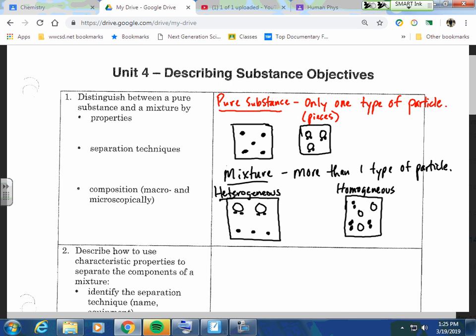All right, so it also mentions separation techniques. When we talk about pure substances and mixtures in terms of separation techniques, understand that we're going to have to do different things depending on what it is.